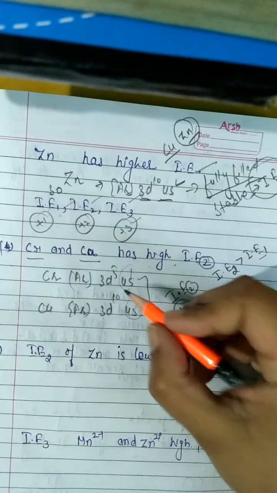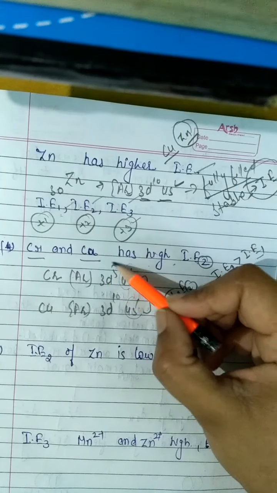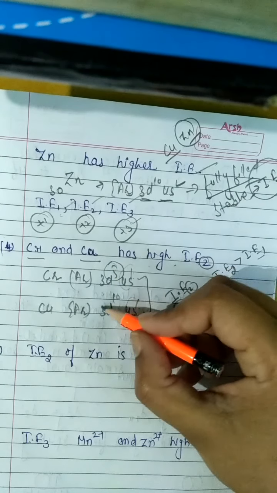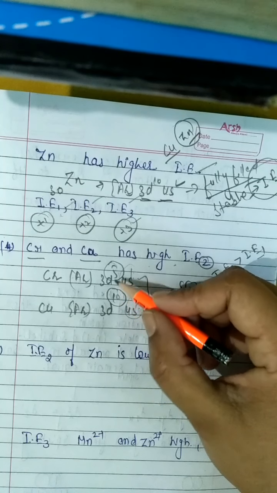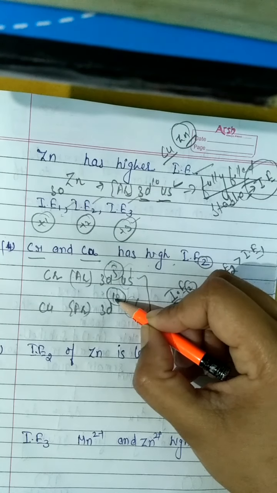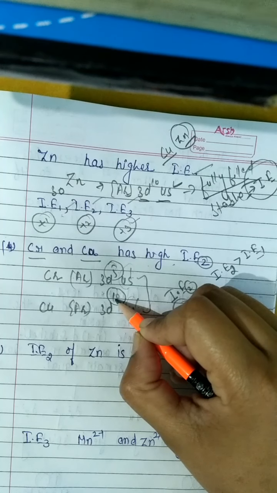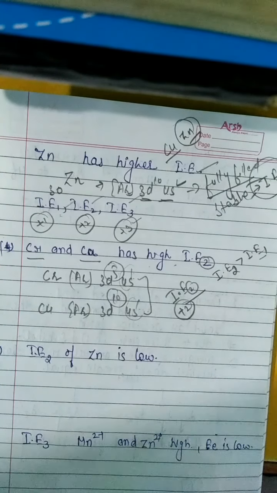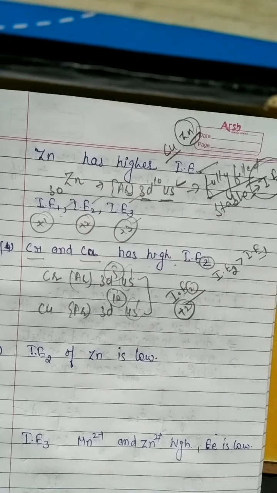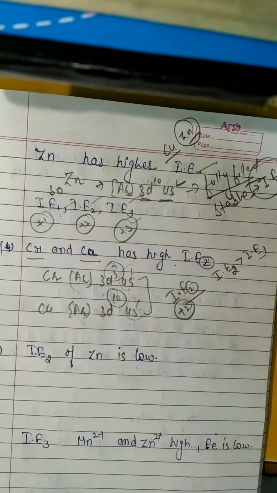But if we are removing the second electron, in the case of chromium and copper, chromium is half filled and copper is a fully filled orbital. Fully filled and half filled orbitals are more stable in nature. So that's why the second ionization enthalpy of copper and chromium is more as compared to the first ionization enthalpy.